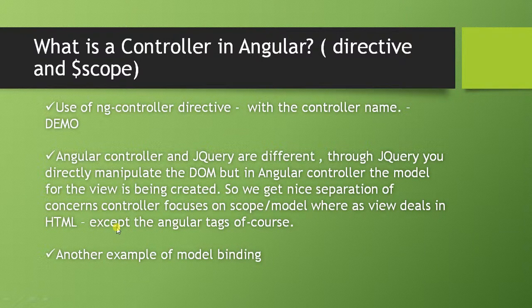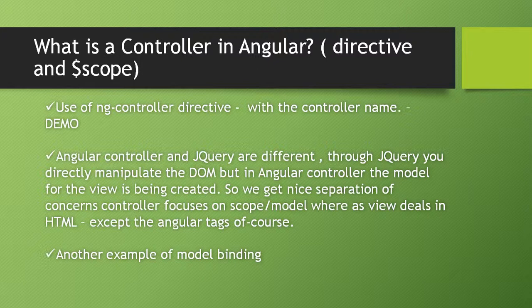So we get a nice separation of concerns: the controller focuses on the scope or the model, whereas our view, that is the HTML, is dealt with separately, other than the Angular tags. Of course, those Angular tags are a kind of glue which keeps your script files and your HTML together.